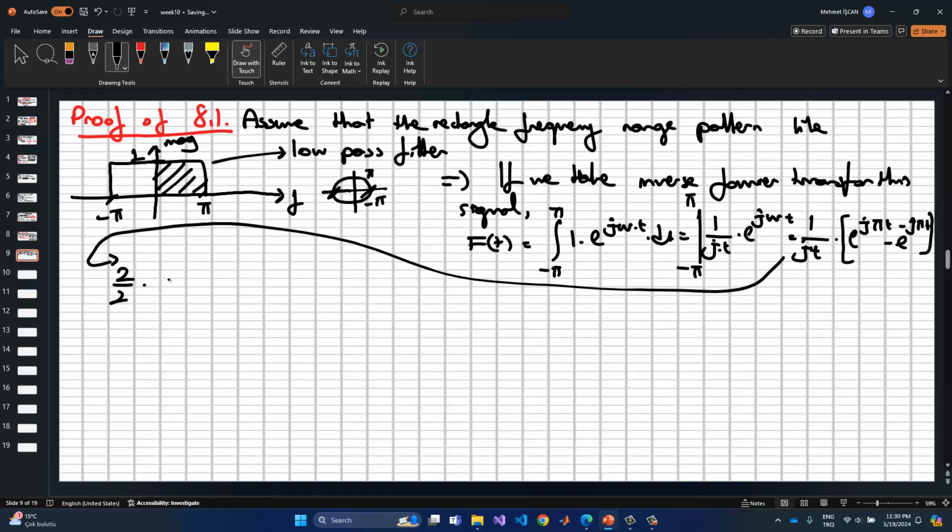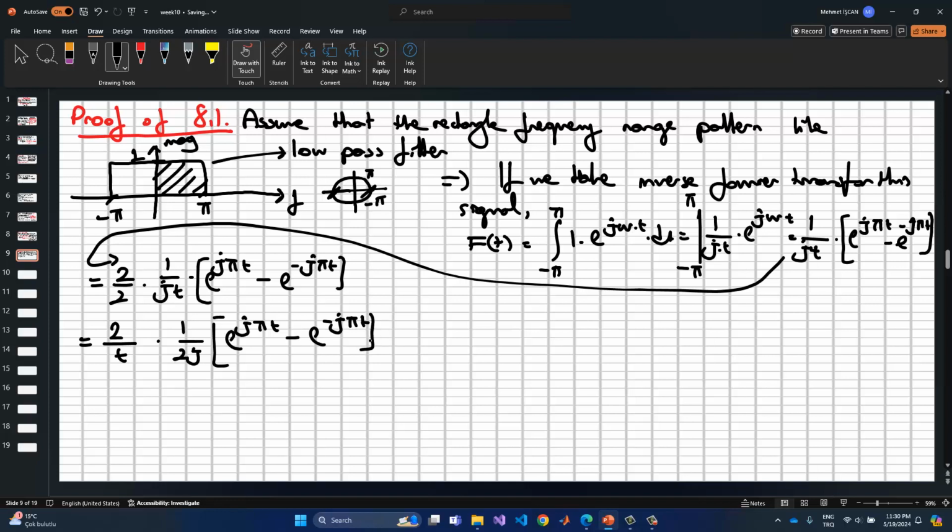That is 2 divided by 2, times 1 over jt times e^(j pi t) minus e^(minus j pi t), which equals 2 divided by t times 1 over 2j times e^(j pi t) minus e^(minus j pi t), and this equals sin(pi t).